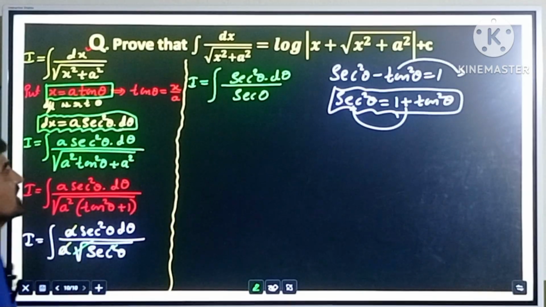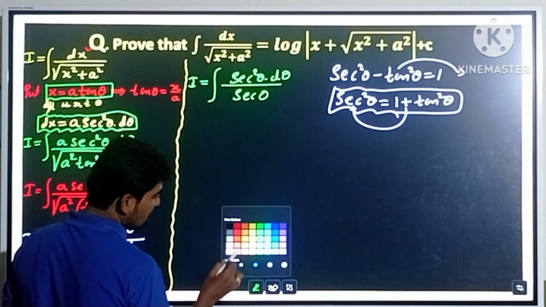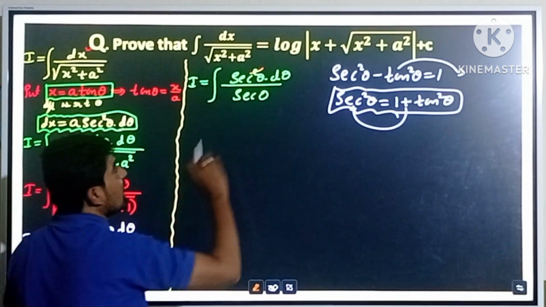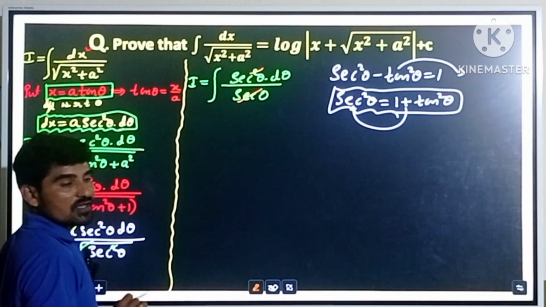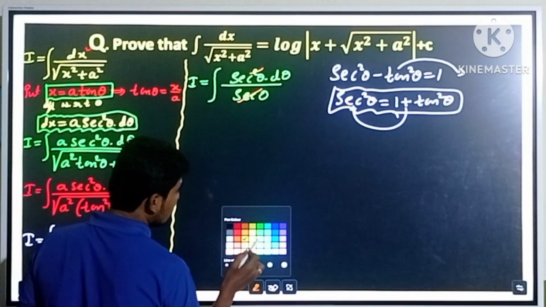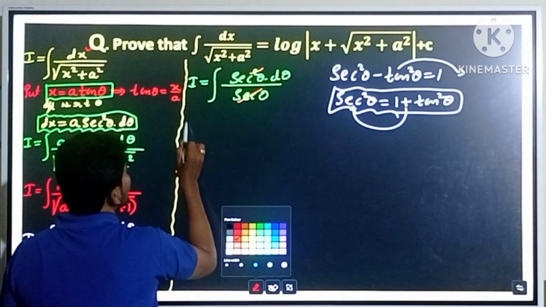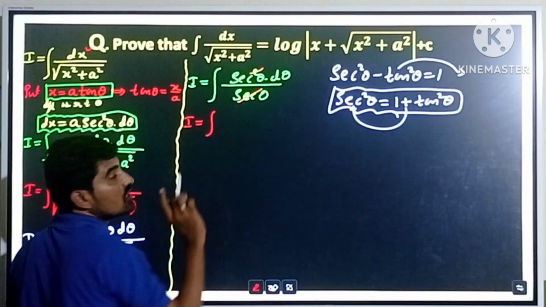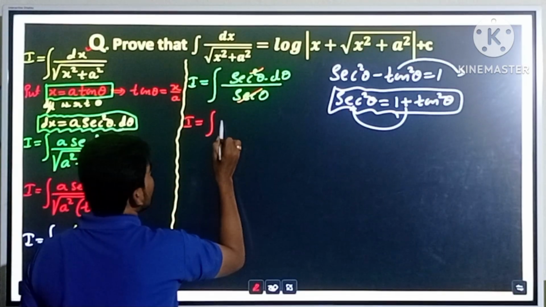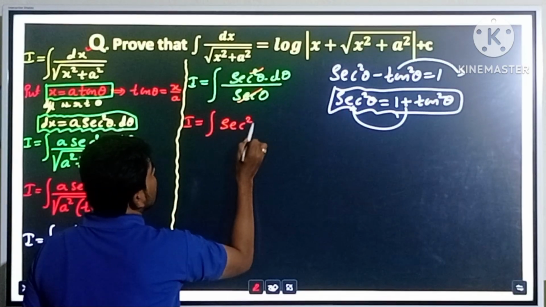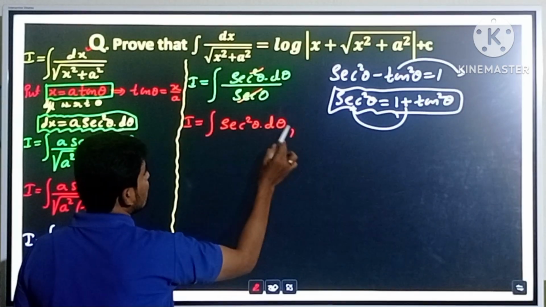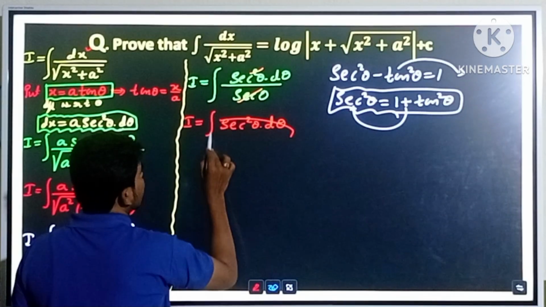I hope all of you are understanding. Now here I can cancel one secant theta from numerator and from denominator. So after cancelling secant theta, we have I is equals to integration of secant square theta, one secant theta cancelled, remaining secant theta into d theta.